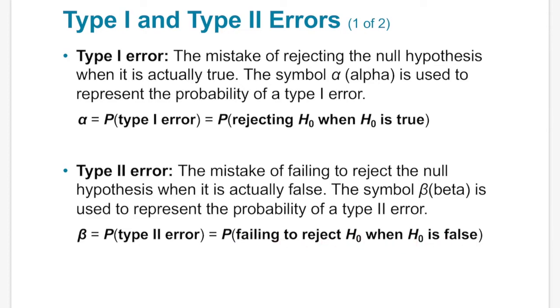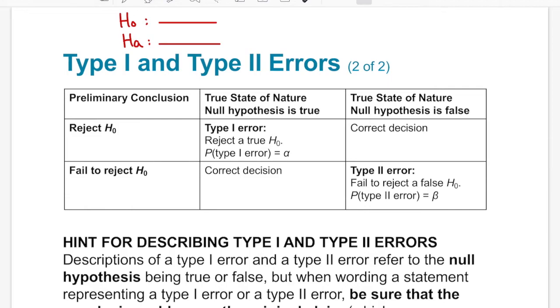When doing the hypothesis test, you will have two different statements, H0 and HA. If you reject H0, that means you don't think H0 is correct. You believe that HA is correct.